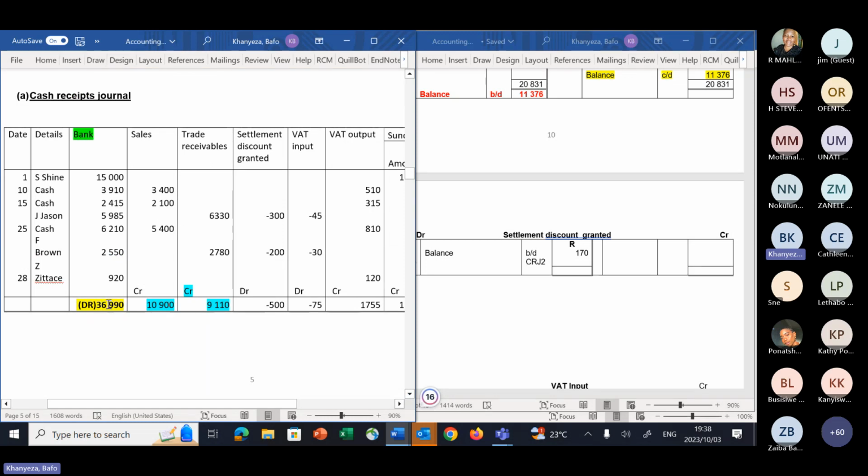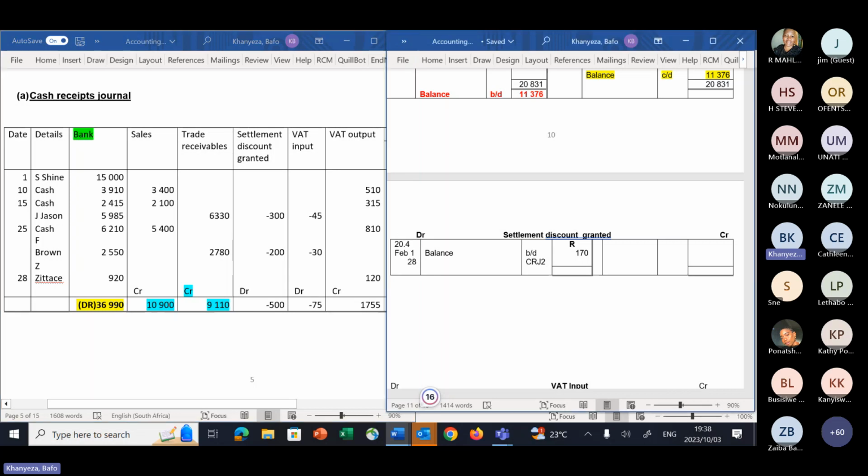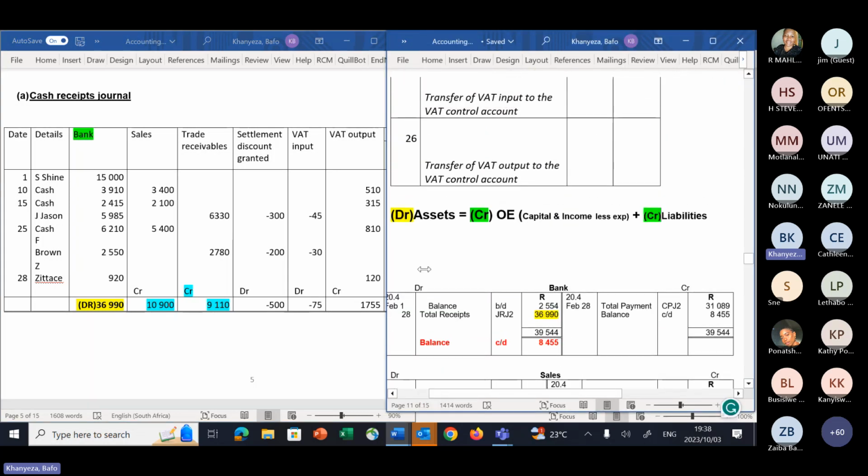That's why I said, if you master it, if you've decided that this is a debit, then it means everything else is a credit. But also, what is the reason for a settlement discount being a debit? It's an expense. As I was saying, owner's equity is capital plus income less expenses.